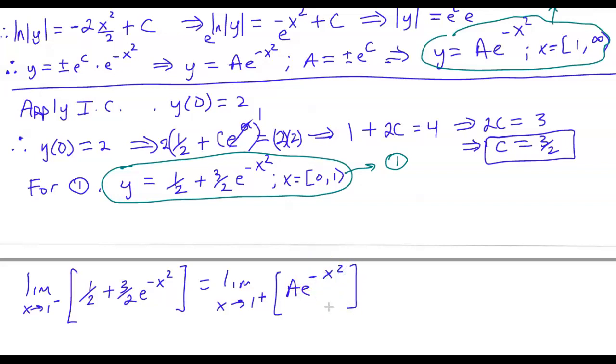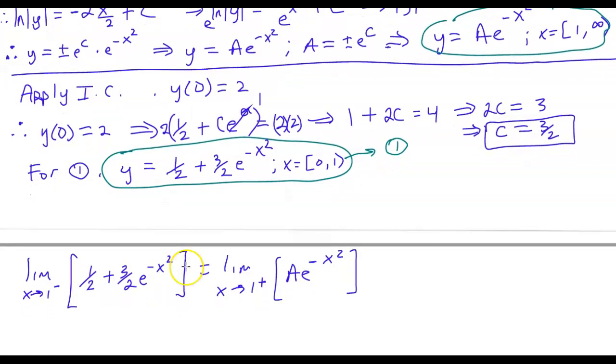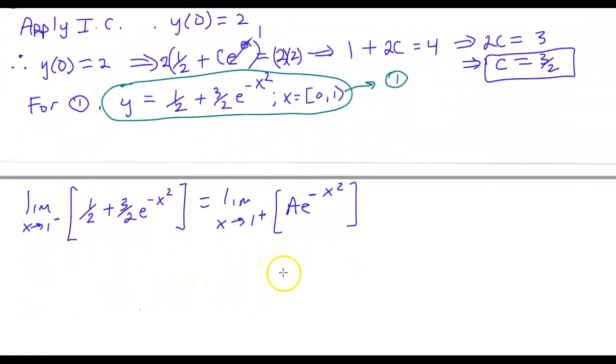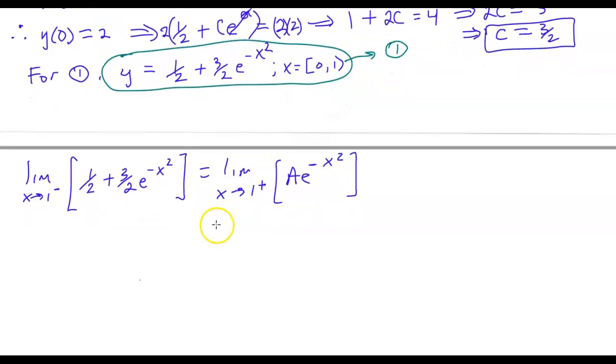Okay, and so in doing that, we can figure out what a is actually going to be so that these two pieces of our piecewise function will be continuous at x equals 1. So here, this implies that we have 1/2 plus 3/2 e raised to the negative 1.